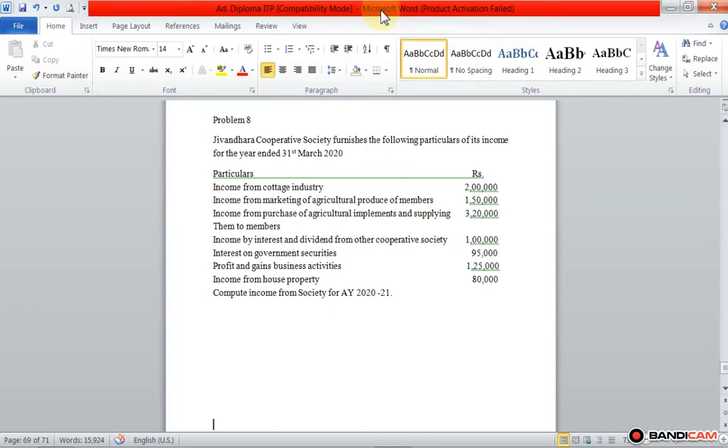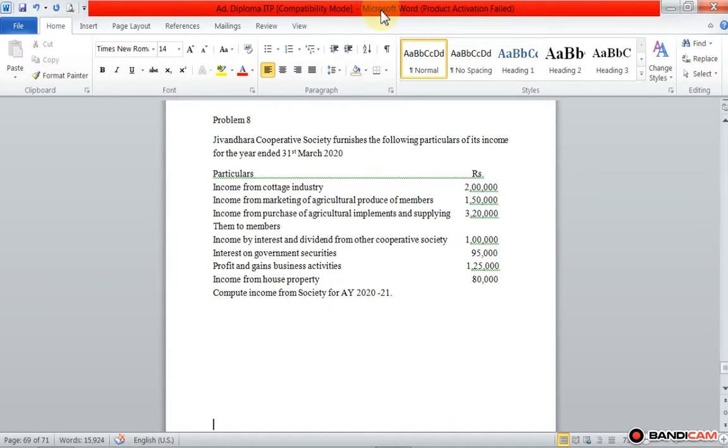So here the income of the cooperative society is given. Jeevan Dhara Cooperative Society has furnished the information of its income for the year ending 31st March 2020.